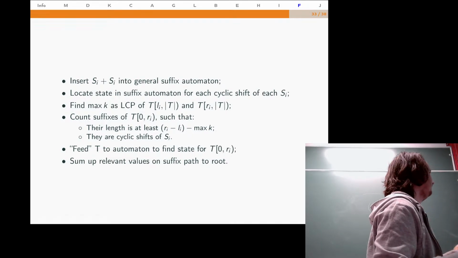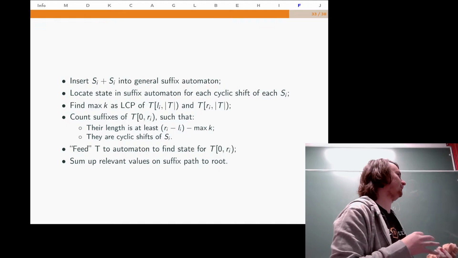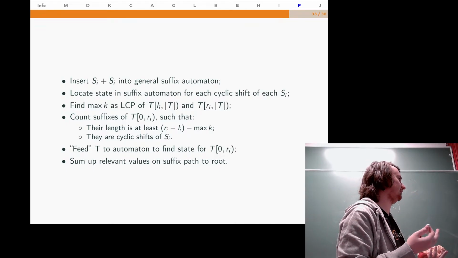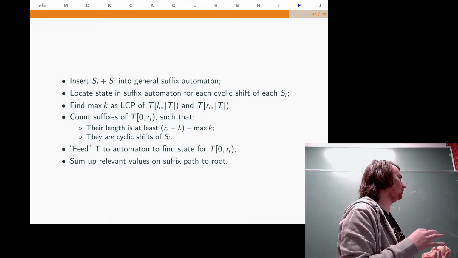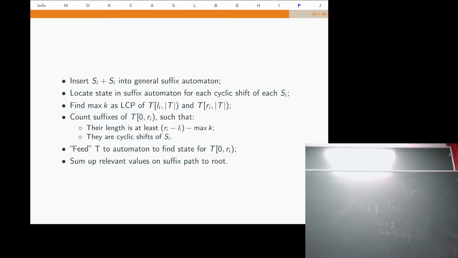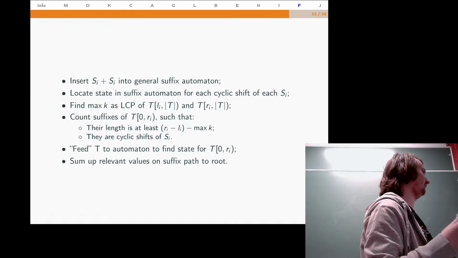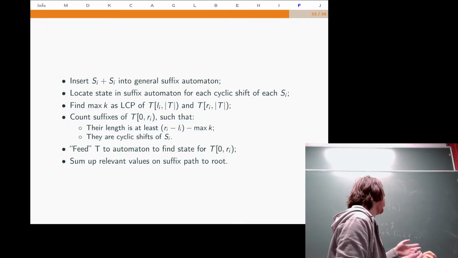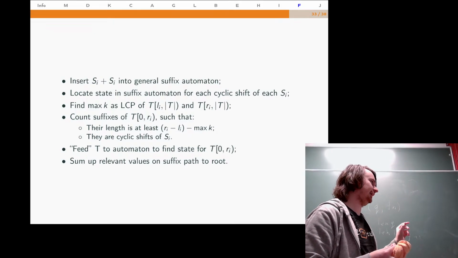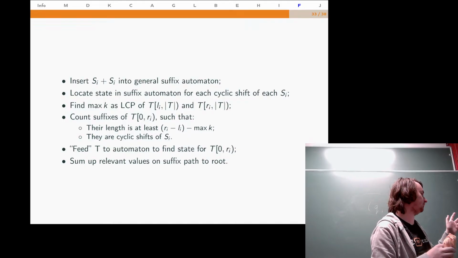In this problem, the suggested solution uses a general automaton for the doubled strings Si, mostly because the constraints are such that the Si are smaller than the total length of T. But I believe you would also be able to construct a suffix automaton for T itself and instead feed the doubled strings Si into the suffix automaton of T, and find the states in T that correspond to all cyclic shifts of Si.